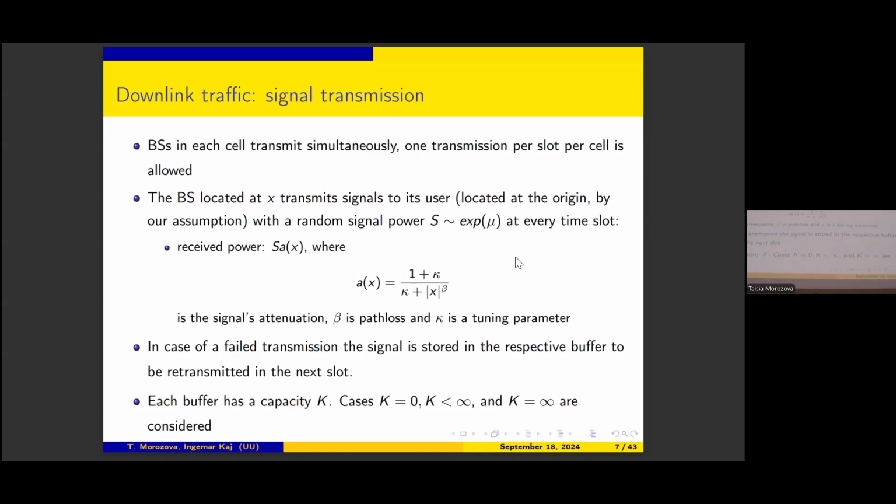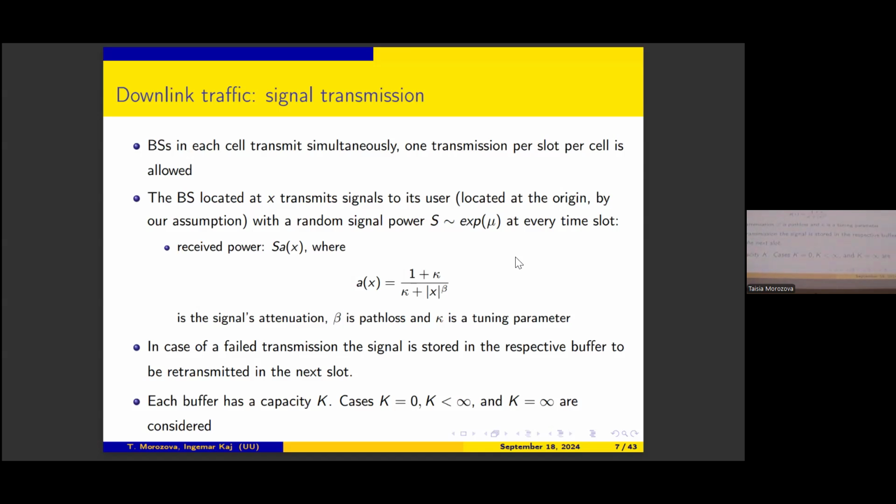Yes, so then what happens is, like I said, if the transmission has failed, then the signal is stored in the respective buffer. Each base station has a buffer, and the signal is stored in this buffer and is going to be retransmitted in the next slot. Let's say that each buffer has a capacity K, and in our works, we consider the cases K equals 0, which is basically no buffer, or pure loss model, K finite, and K infinite.